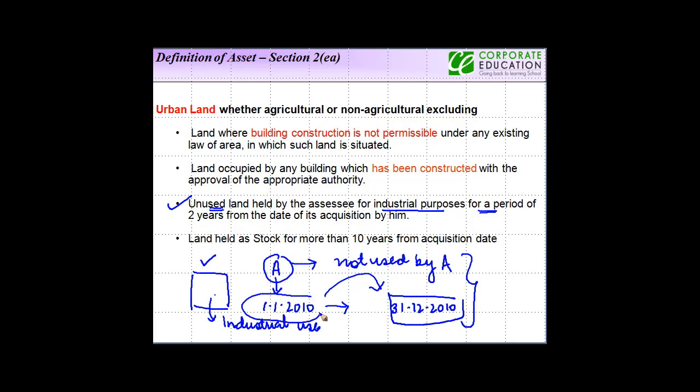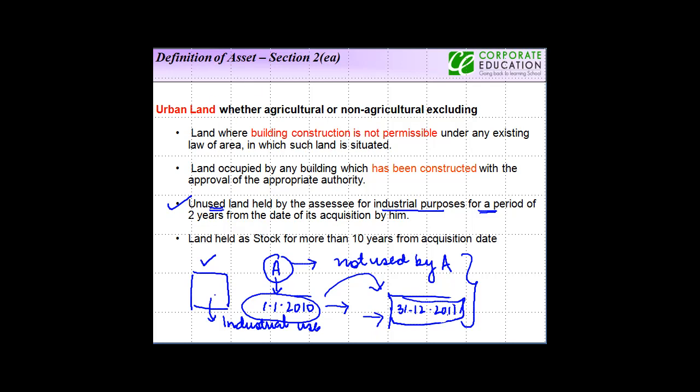So if it was acquired on 1/1/2010, then until 31/12/2011, I'm sorry, 2 years will be until 31/12/2011. Until this date, this will not be considered as an asset.